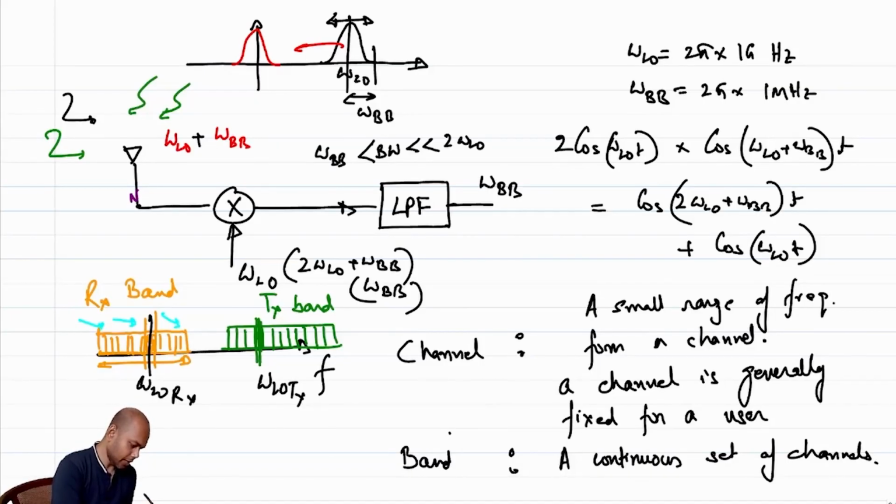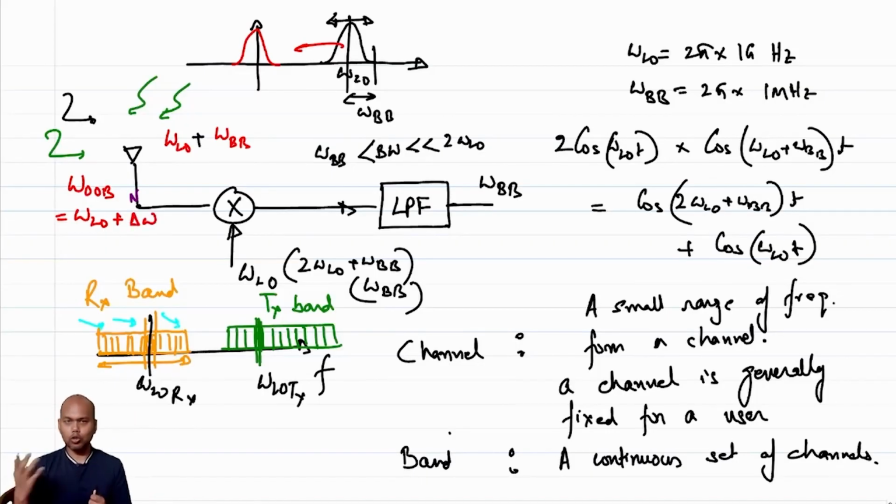I am also getting a signal from omega OOB. OOB stands for out of band. It's an out of band blocker. So if I compare with respect to omega BB, I am getting a signal at omega LO plus some delta omega, which is close to omega LO but is an unintended signal.